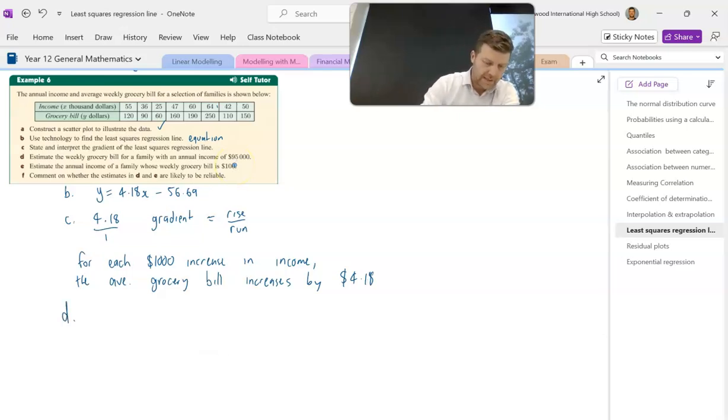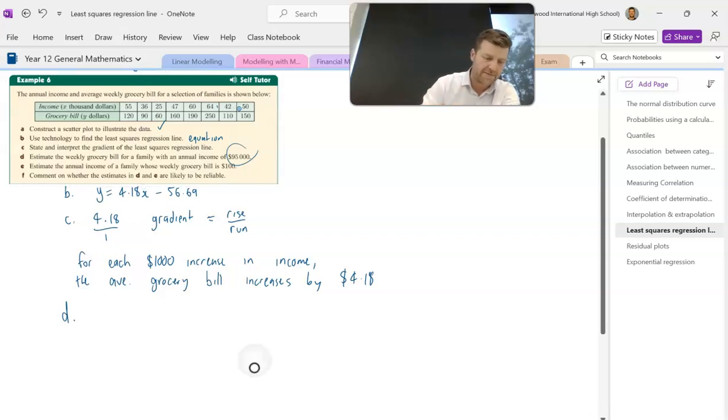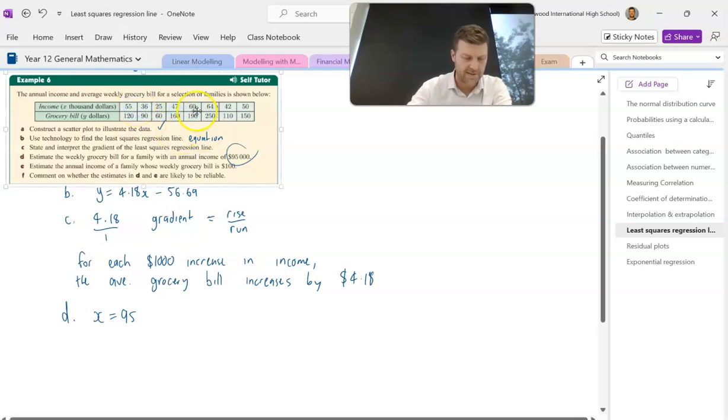The table of values here is written in thousands, so we'd only have the X value of 95. Remember, this 55 represents 55,000, this 60 represents 60,000, etc. So this 95 is going to represent 95,000. So we can then substitute that back into the equation.